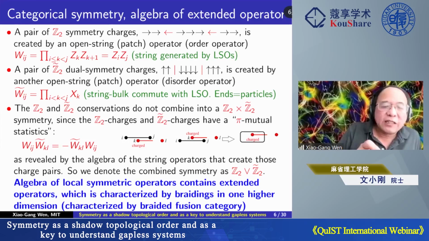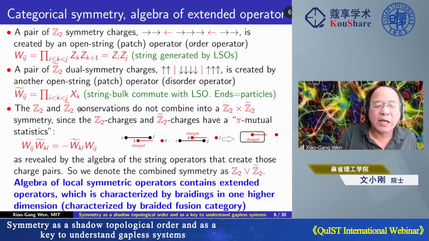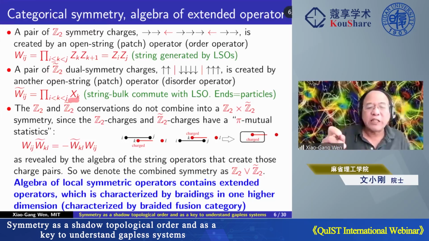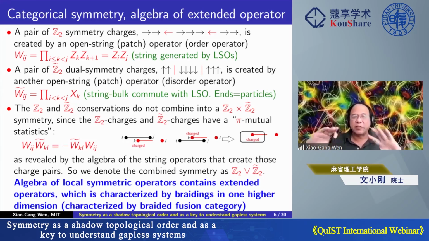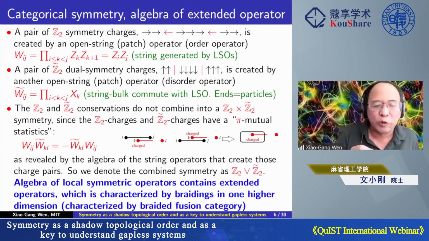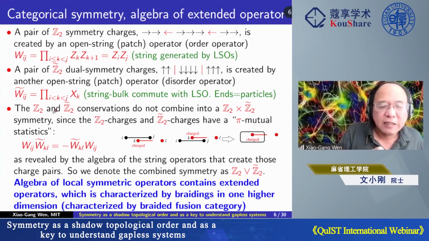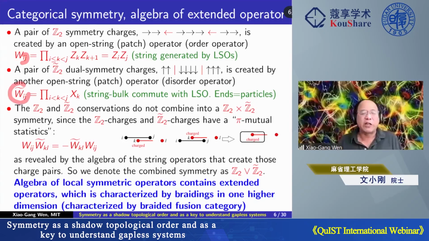And the pair of dual Z2 charges can be created by another string operator, which is a product of X, like doing a similarity transformation, but only in a patch, only in a local region. And this operator creates two domain walls. So those are the two operators which create a pair of symmetry charges.